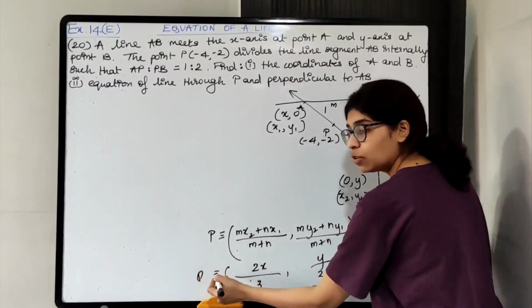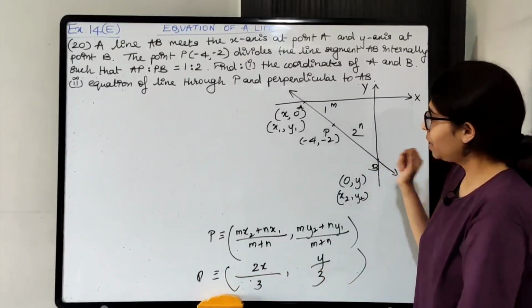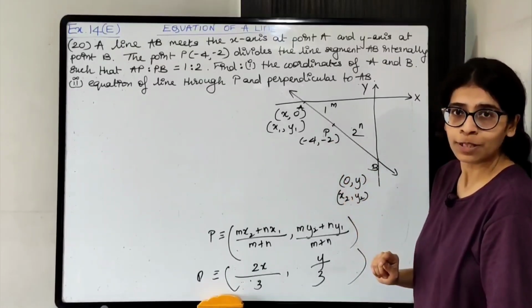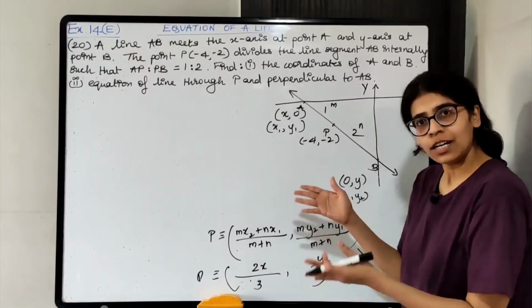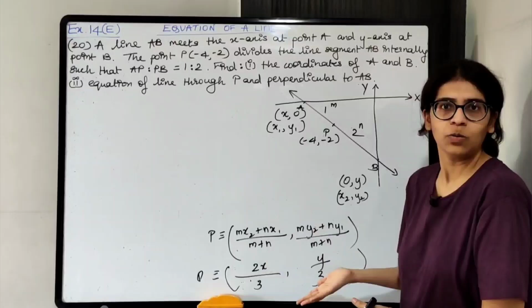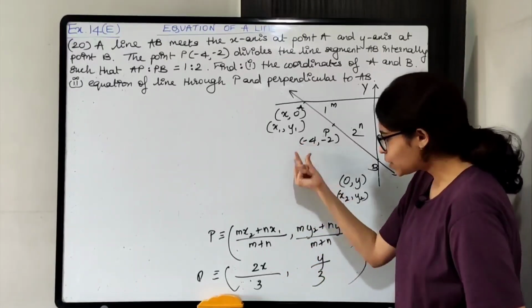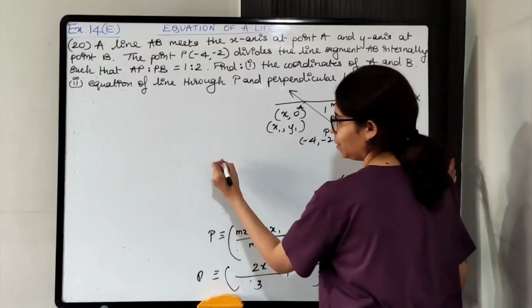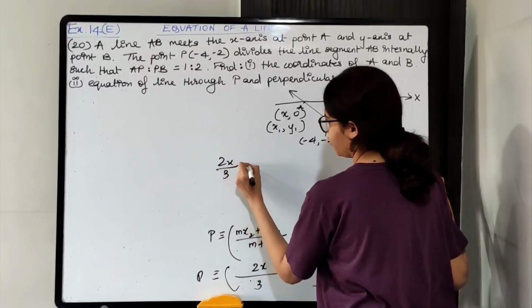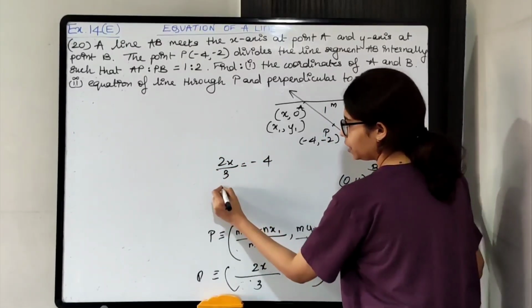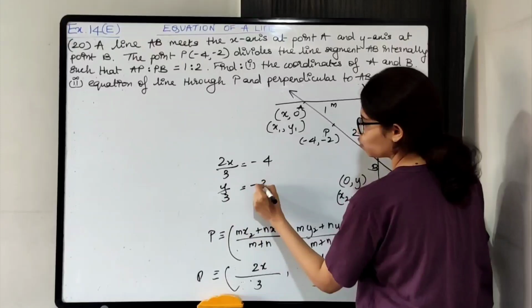But I already know the coordinates of P. P का coordinates क्या है, -4, -2. So एक point का एक ही x coordinate हो सकता है, एक ही y coordinate हो सकता है, ज़्यादा नहीं हो सकता है. So it means -4 is equal to 2x upon 3 and y upon 3 is -2.